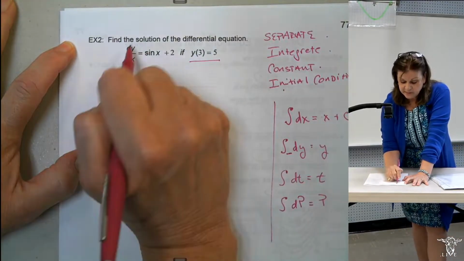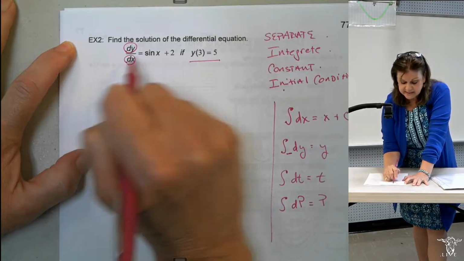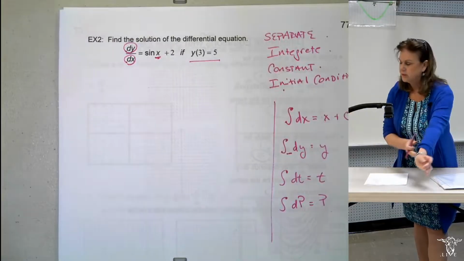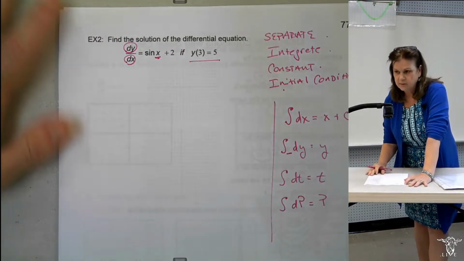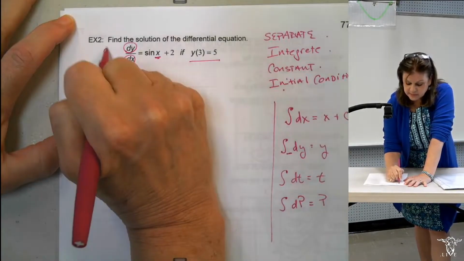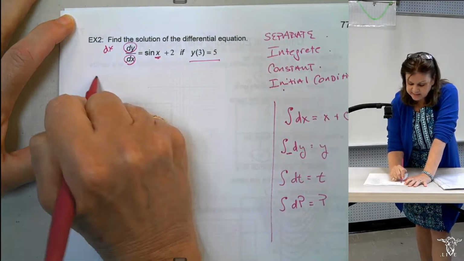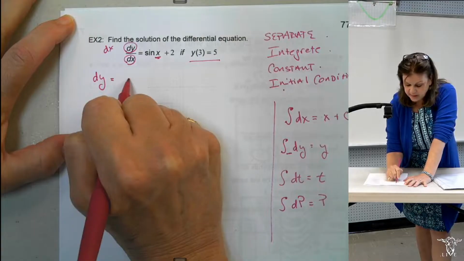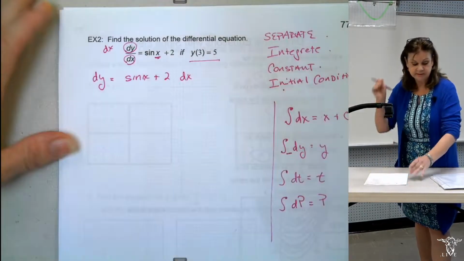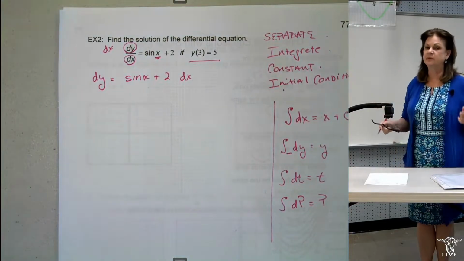But I've noticed I've got my dy and my dx, and there's an x on the right side of the equation. I don't know my right from my left. You all know that. So here we go. What I'm going to do is multiply both sides by dx. So that isolates the dy, and I have sine x plus 2 dx. All right, there's your separation.